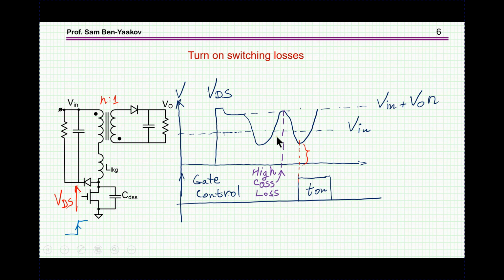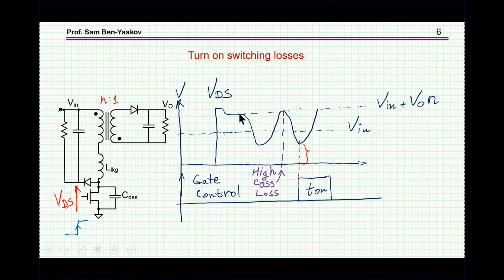Now here's the problem. In the regular case, without anything else, we have the snubber here. Here is the snubber. This is where it is clamped to the capacitor voltage. This is the total voltage, that is the Vin plus reflected voltage. This is after the energy actually moved here.